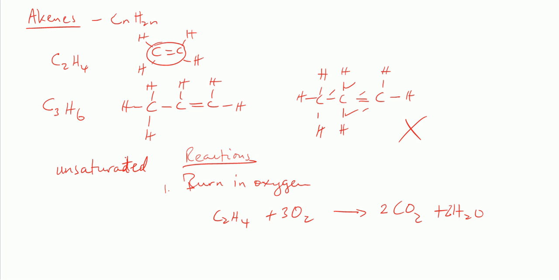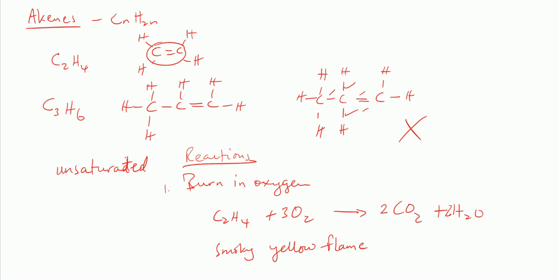Okay, so alkenes, they burn in oxygen, but they burn with a smoky yellow flame, right? Something to note, this is a typical examination question when you are comparing alkanes and alkenes. Alkanes burn with a clean blue flame, whereas alkenes burn with a smoky yellow flame, right? Again, this reaction is exothermic, so energy is produced.